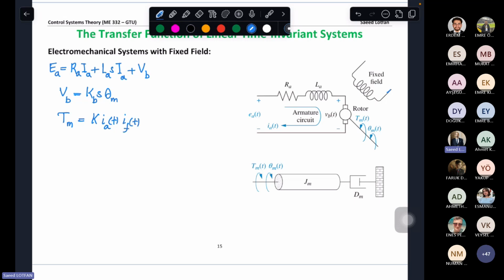If we consider this IF, then we say that IF is constant with respect to time because it's a fixed field. So we write this as Km IA times IF. In the frequency domain, I can say T is Km IA.